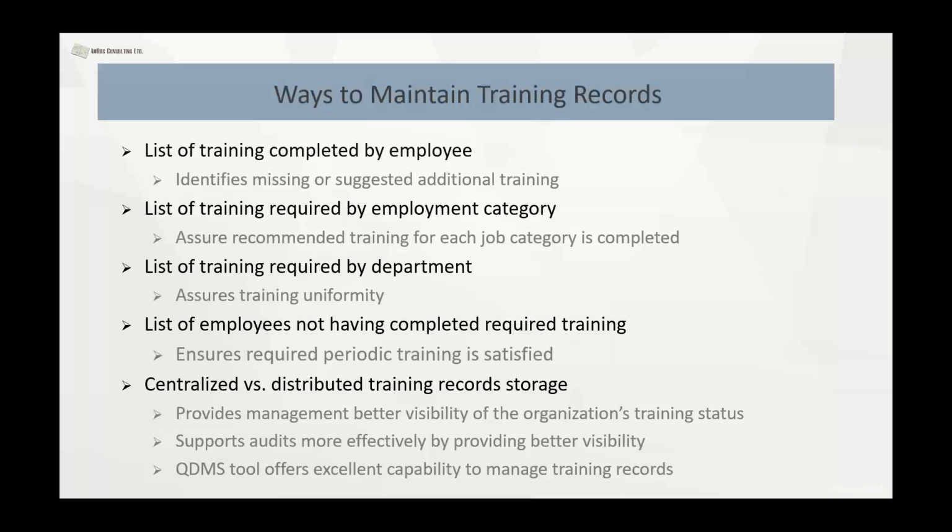Then also, if it's all centralized, it would support audits much more effectively, because now the auditor will have visibility as to all of the training records, wherever they are, whatever department, or even if it's multiple locations. He would have visibility about what is the training status.